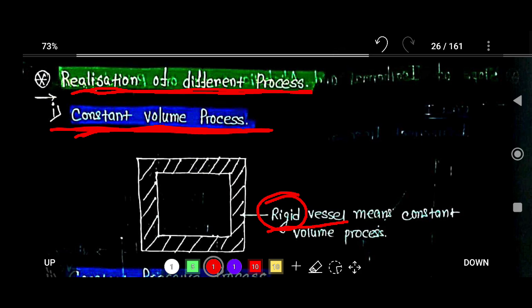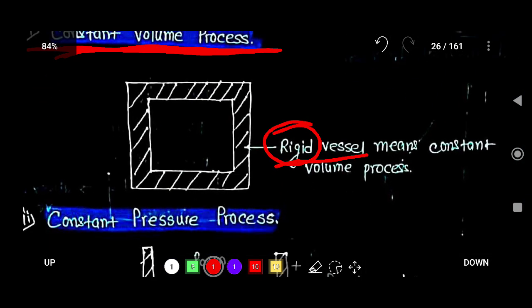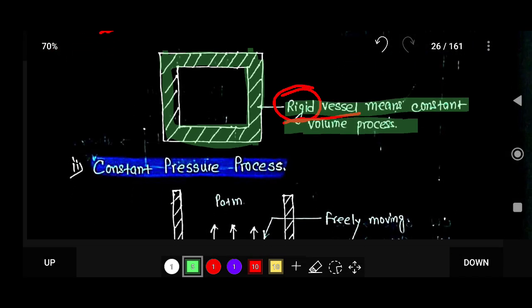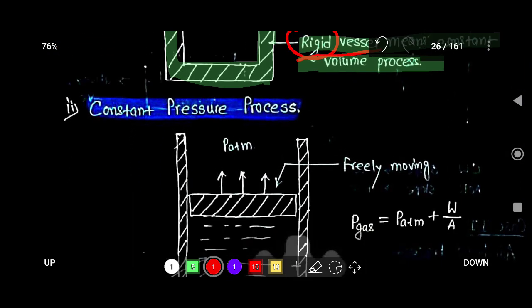A rigid vessel means a constant volume process, that is, the volume of that system is constant. Now understand the constant pressure process.